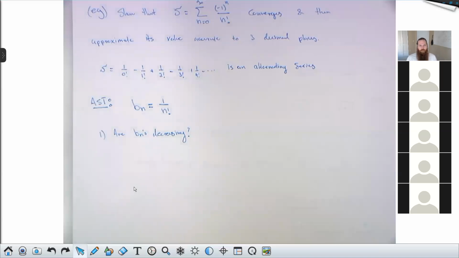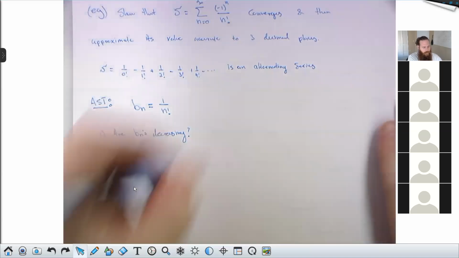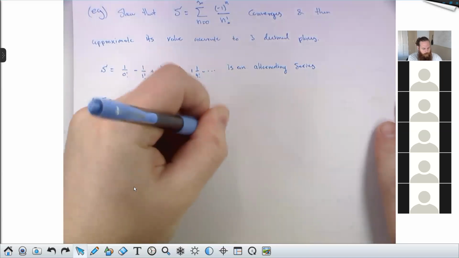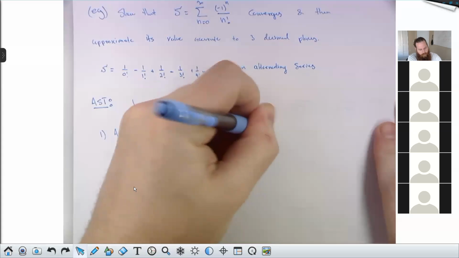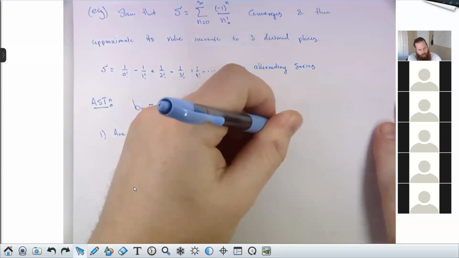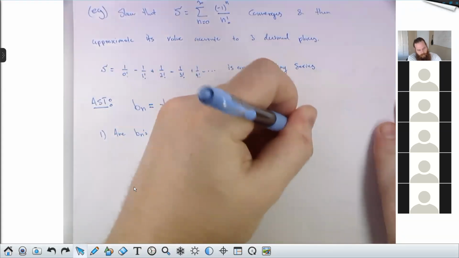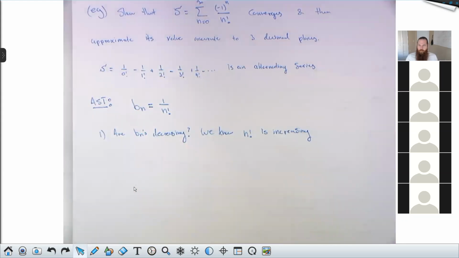So how could I show that these BNs are decreasing? Well, since n factorial is increasing, isn't it? Very good. I would say we know that n factorial is increasing. We know that because we've played with the factorial function quite a bit, right? We've looked at its graph.